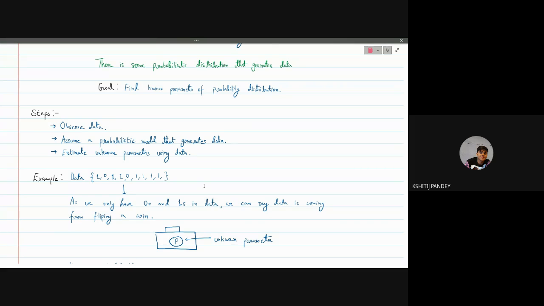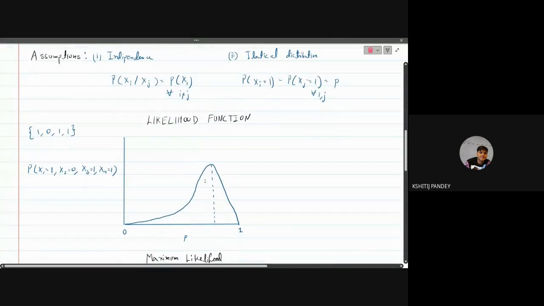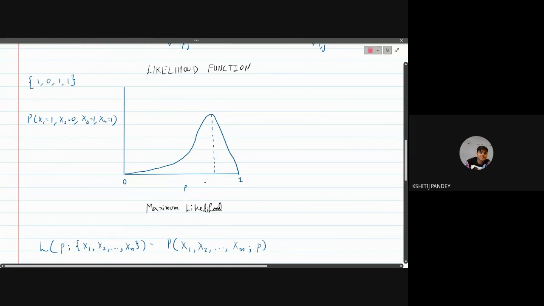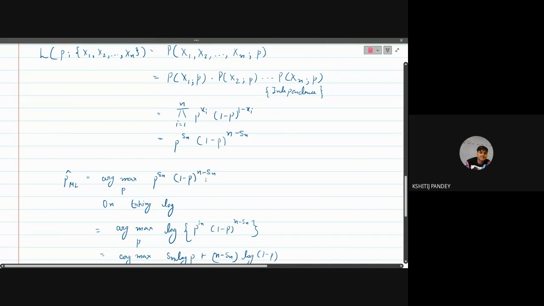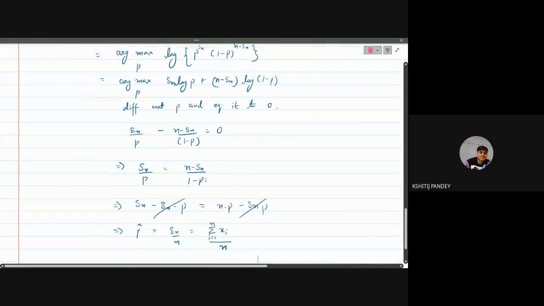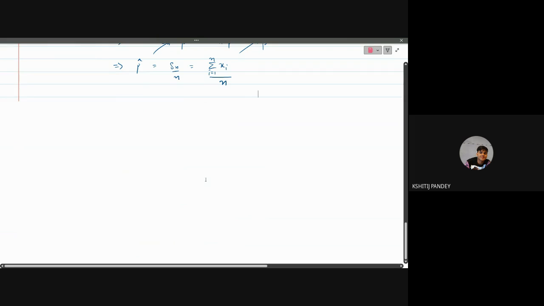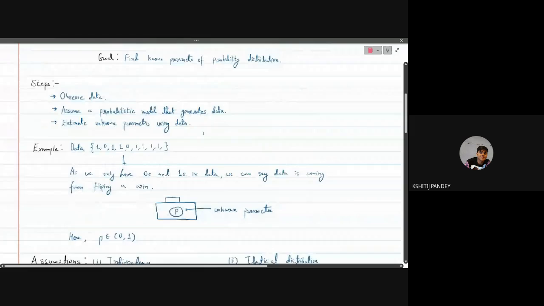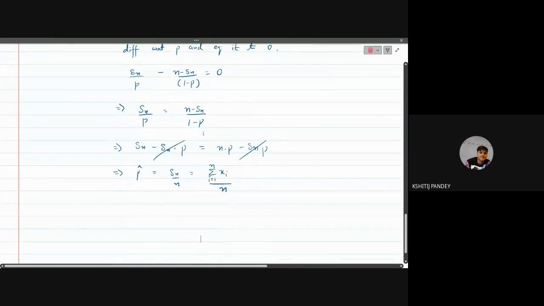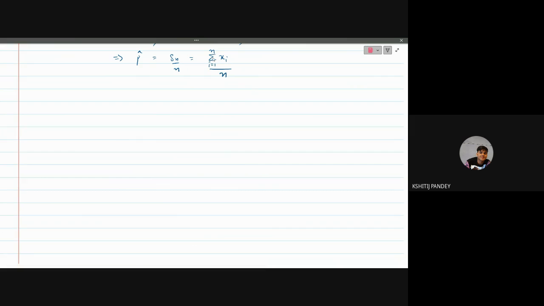Once you do that, after that, you just have to use maximum likelihood approach, find the value of a likelihood function, differentiate it, equate it to zero, and find the value of unknown parameter. So let's look at a different example. Let's look at the condition where the data is not just zeros and ones. When the data belongs to R, how things will be different in that case.